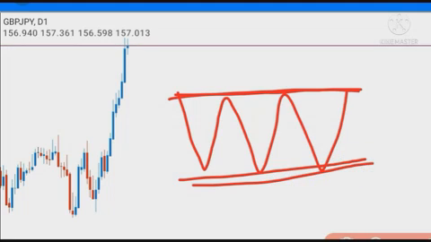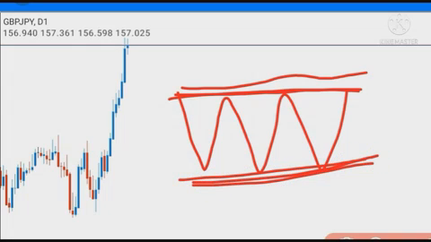Now, the way the retail traders are trained to trade is that they are told to buy at support and sell at resistance. Buy at support, sell at resistance. And the smart money, the institutions, understand the way the retail traders trade, and so they take advantage of that information to work against the retail trader.